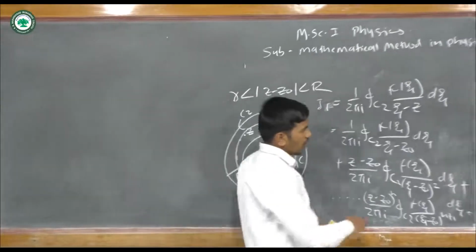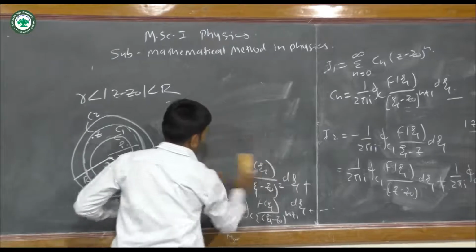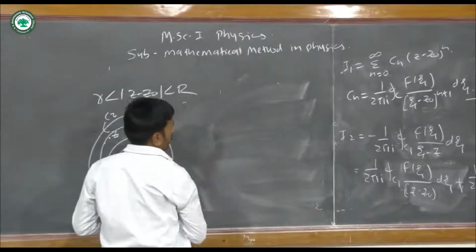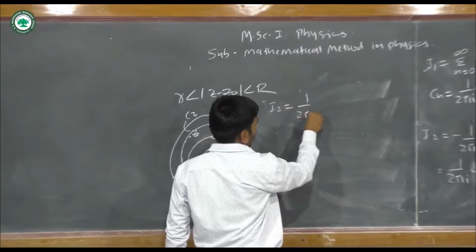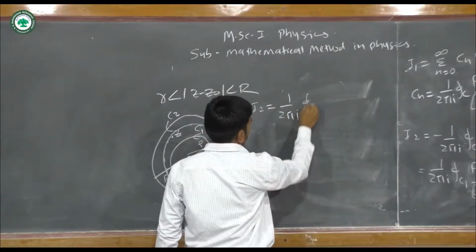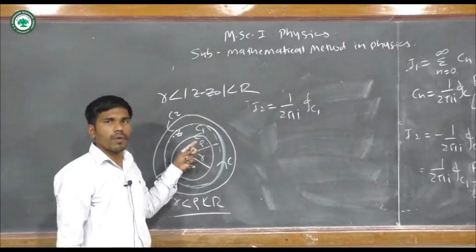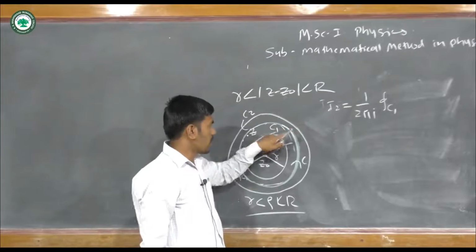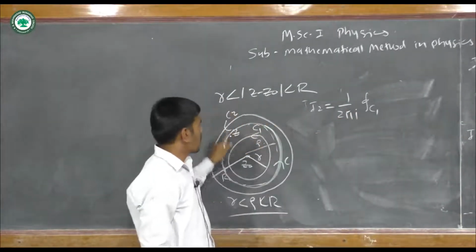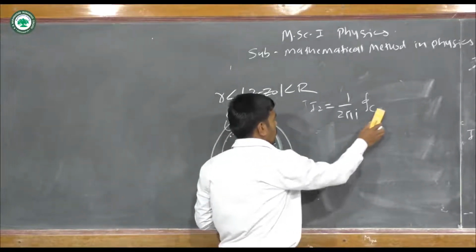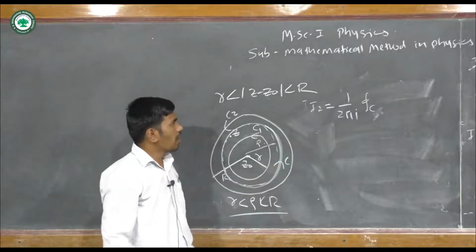Now for I2, I write I2 is equal to 1 by 2 pi i, integral over C1. Now by the principle of deformation, we can change this path C1 to the path C. Here is C. That C path is inside this region.